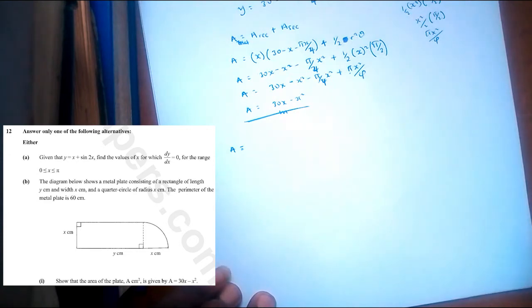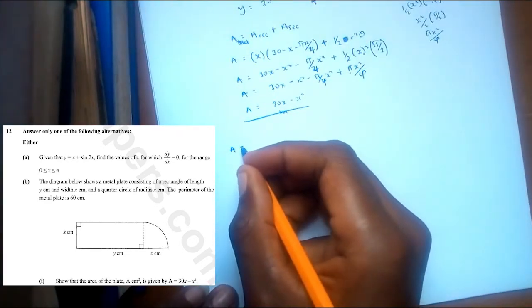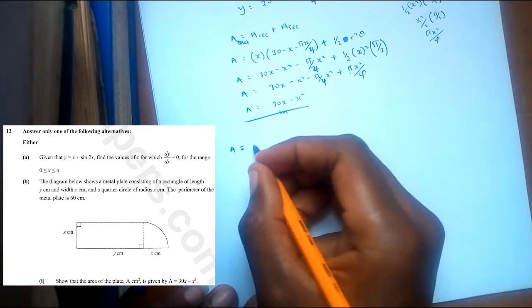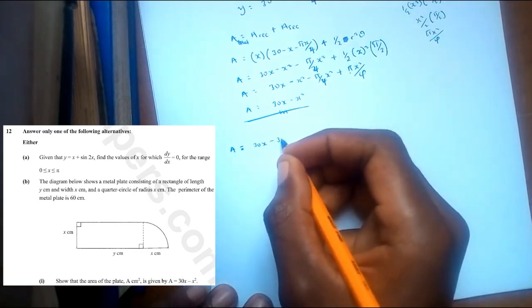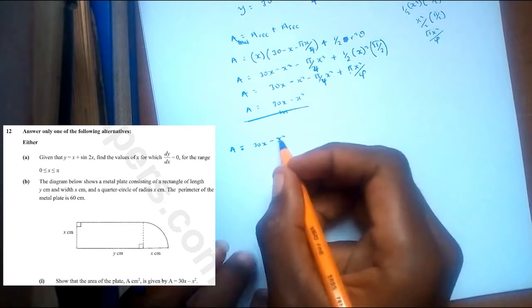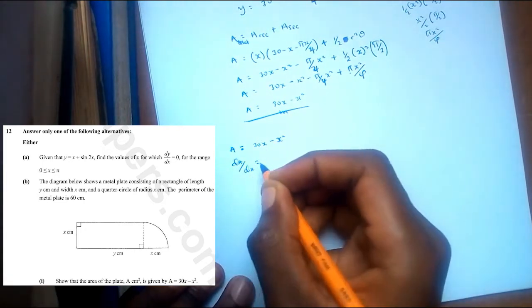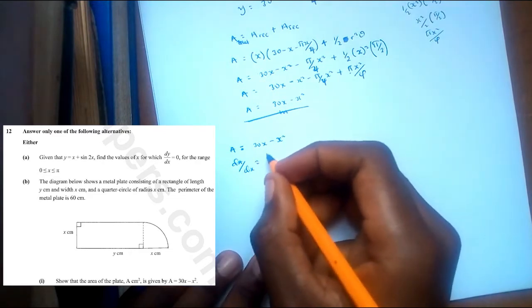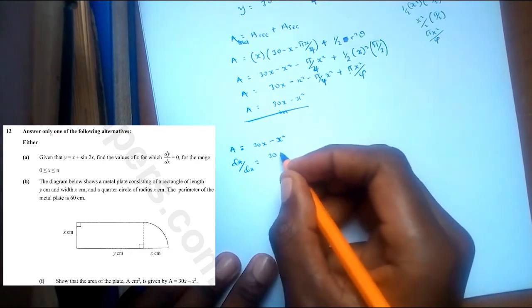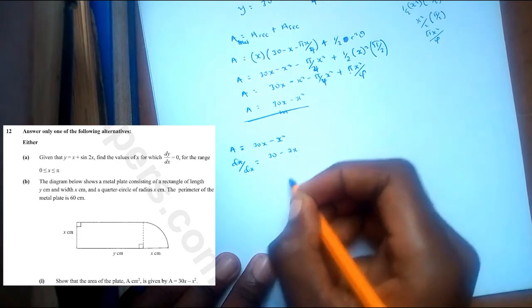To find the stationary point of 30x minus x squared, we just differentiate. dA over dx will be equal to 30 minus 2x.